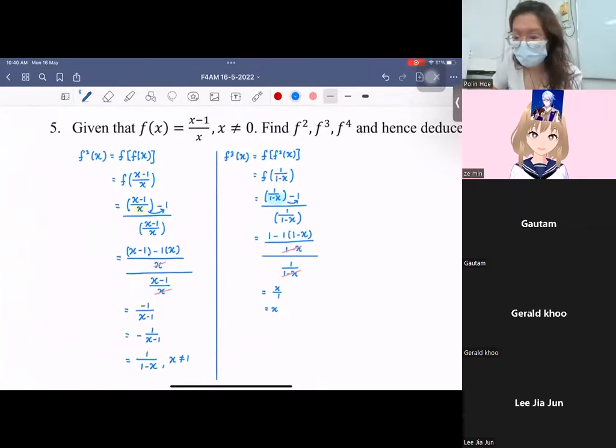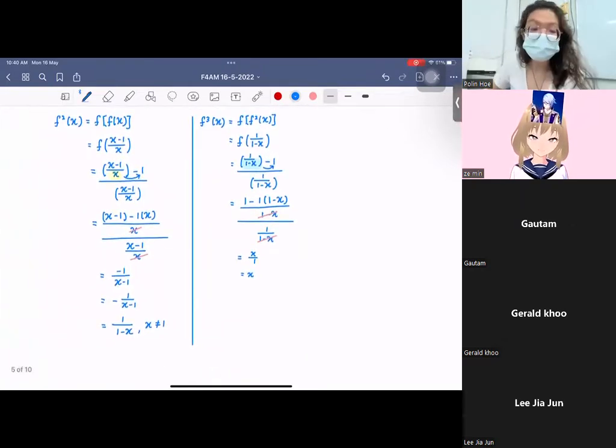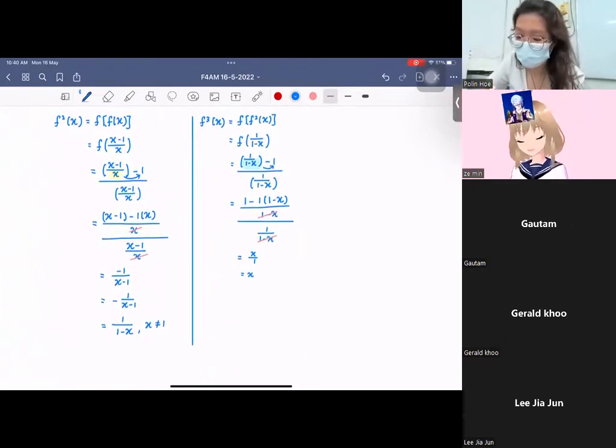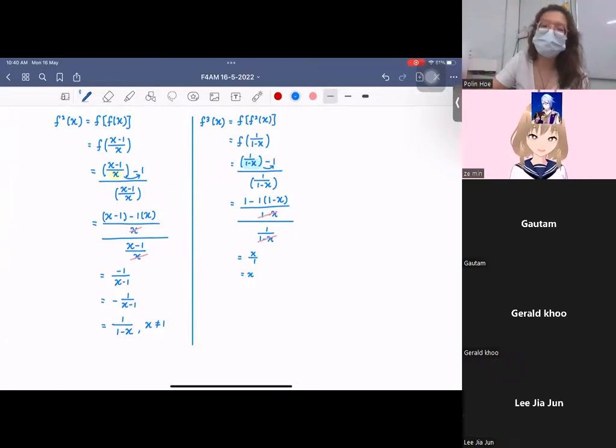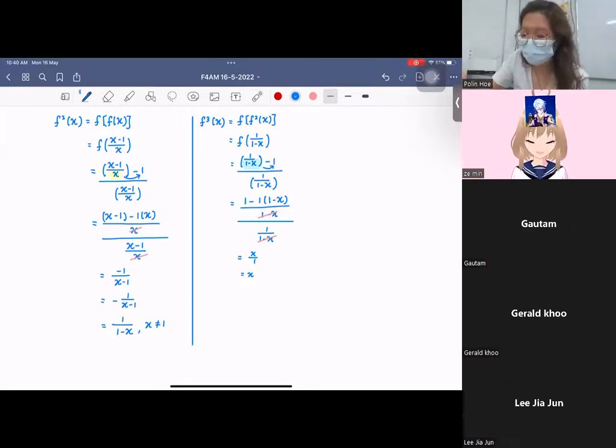So if, let's say, in the exam you are given this question, and when you do f3, you still cannot get this, you try one more. f4, you still cannot get this, then it means you are making some error. Of course, when your teacher provides you with this type of question, definitely you will get something like this.